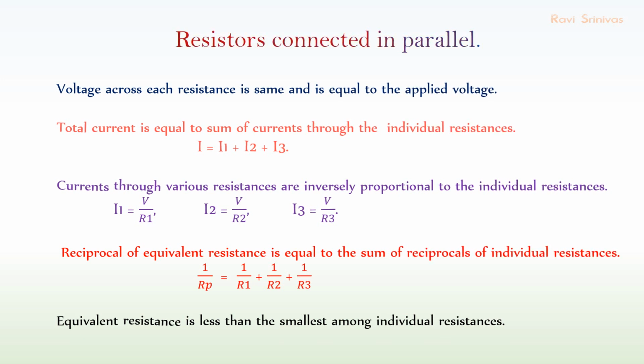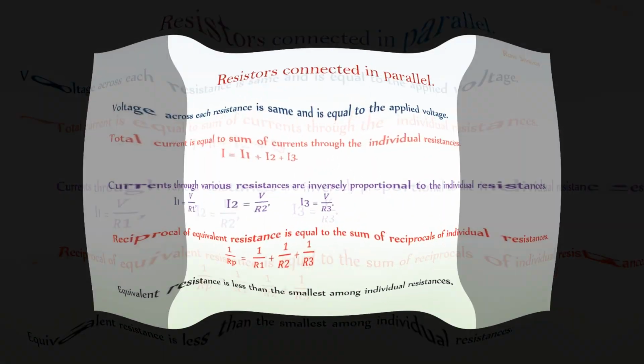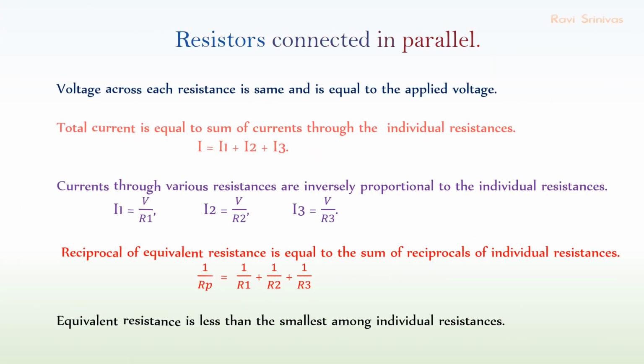Currents through the various resistances are inversely proportional to the individual resistances. I1 equal to V by R1, I2 equal to V by R2, I3 equal to V by R3.